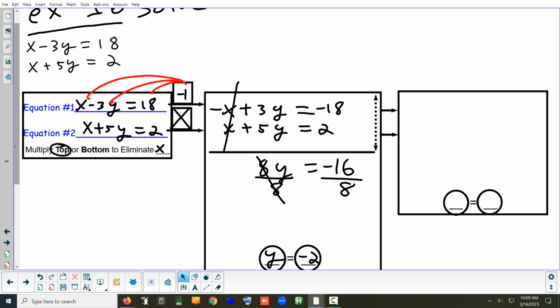You plug in -2 into one of the two problems. Yep, and which one do you want to plug back into? Top one. Top one? Okay, so we're going to take -2. And remember, you're filling it back in for y. I saw some people put it back in for x. That won't work. You have to put it back in for the y, whatever letter you solve for.